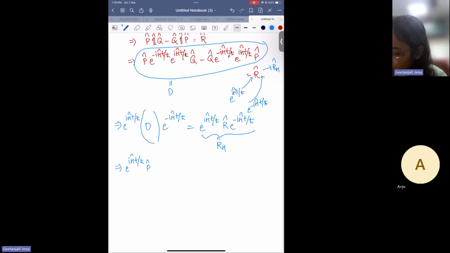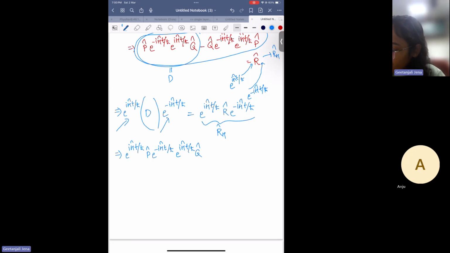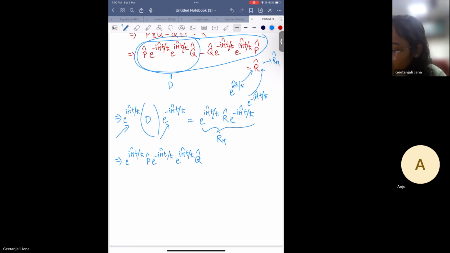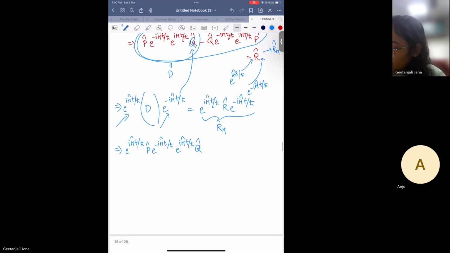So one term is P e to the iHt by ħ e to the minus iHt by ħ Q, and I'm just writing the expression and multiplying this term to the first term as well as the second term. After this Q, we have this e to the iHt by ħ.